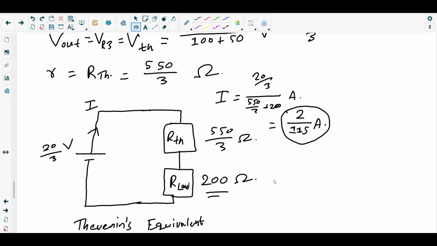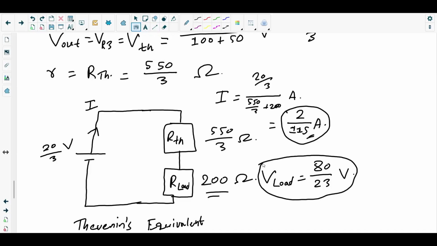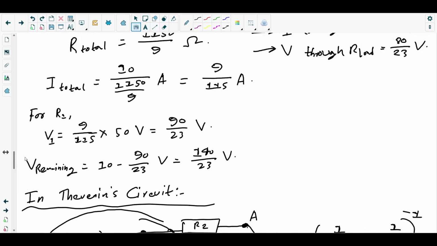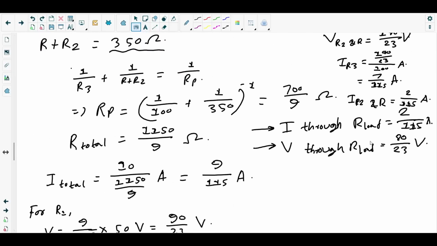The PD across the load resistor, V load, is V equals IR. We got the current, so multiply this by the resistance, which is 200, and you get 80 over 23 volts. This PD across the load resistor and the current flowing through it are exactly similar to those we found from the original circuit.